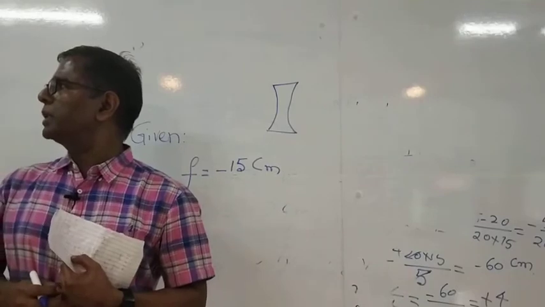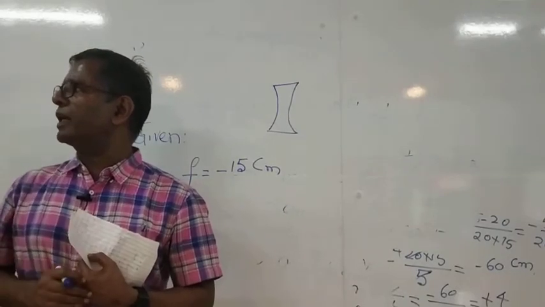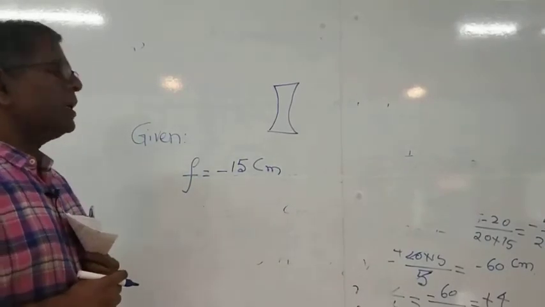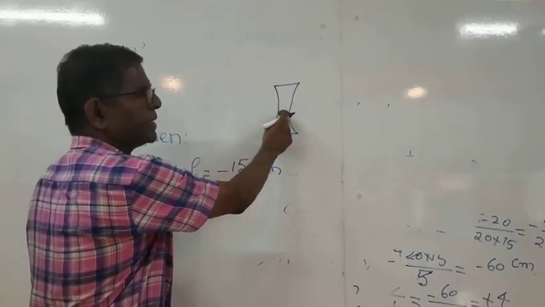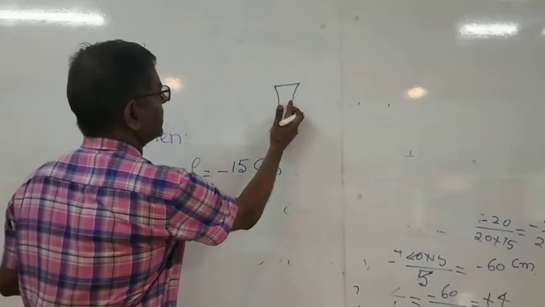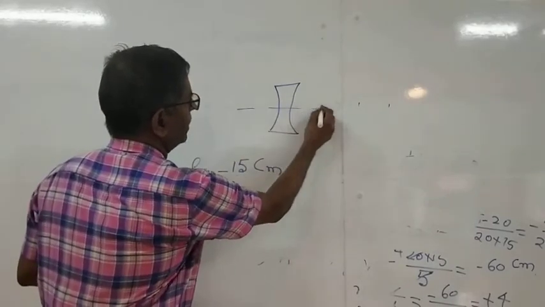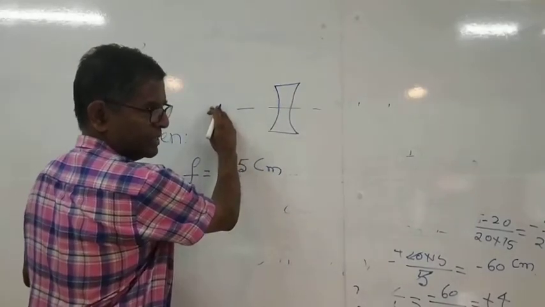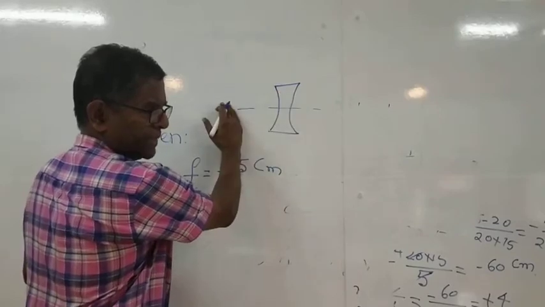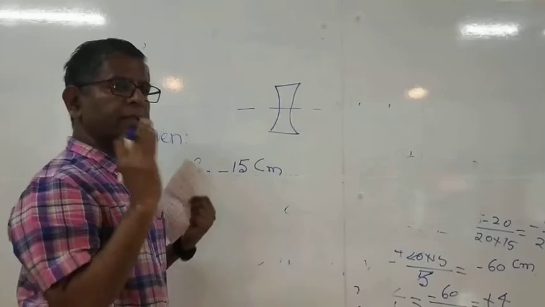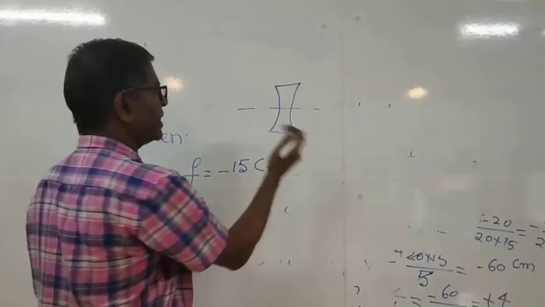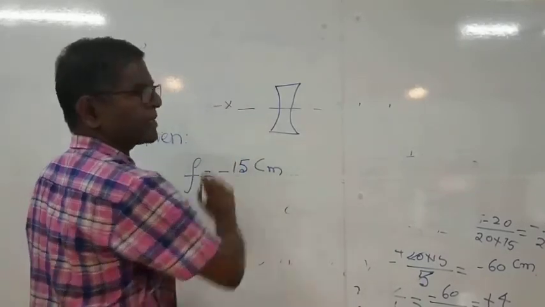Now the image distance is given as 10 centimeter. But if you see the concave lens, the image is always virtual. That means the image is formed on the left side. The object also is on the left side and the image also is on the left side. So the left side is always negative because it is on the negative x-axis.